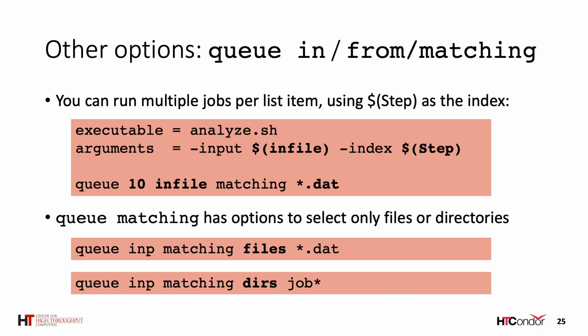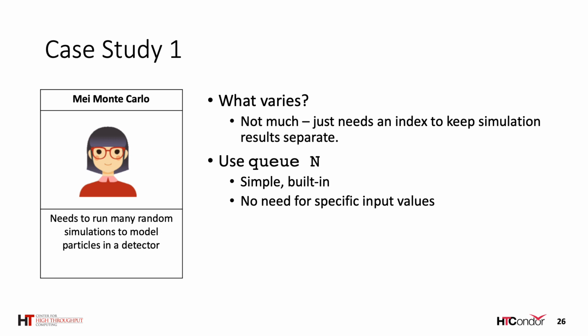Okay, so we've seen several examples of how to submit multiple jobs in HTCondor now. Let's return to our researchers from the beginning of this presentation. So here's our friend May Monte Carlo, and her jobs don't really vary a lot.